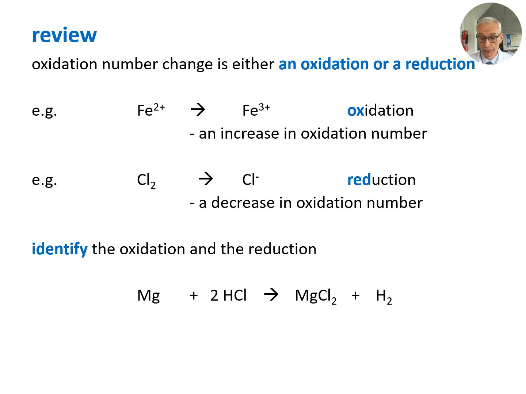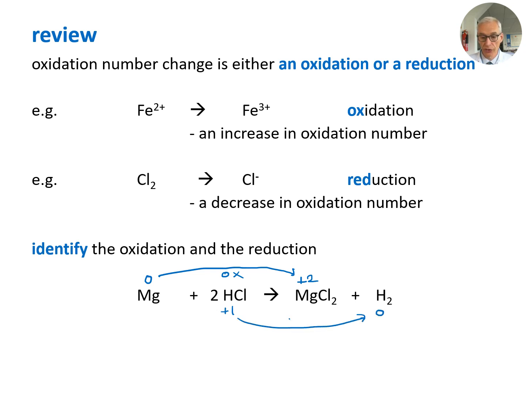Okay, so the oxidation state of magnesium is 0 as an element. In its compounds, it's a rule, it's +2. So magnesium is oxidized. There's an increase in oxidation number. Hydrogen is at +1, and hydrogen is at 0 as an element.